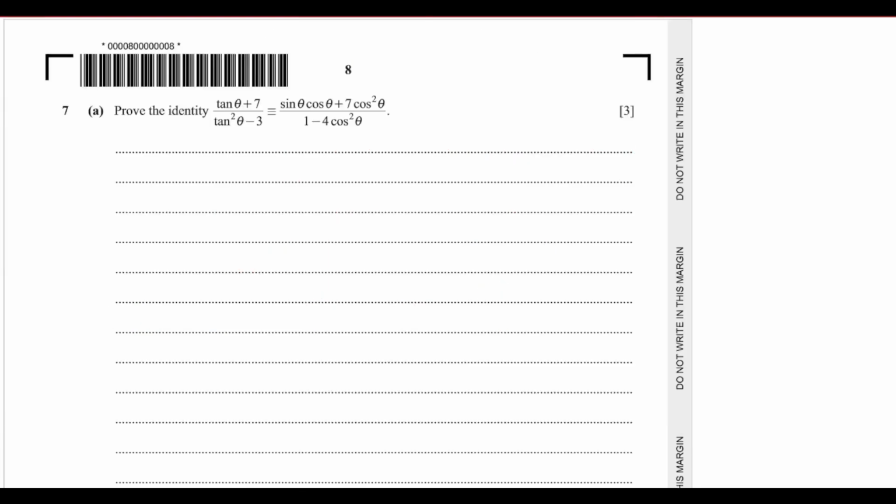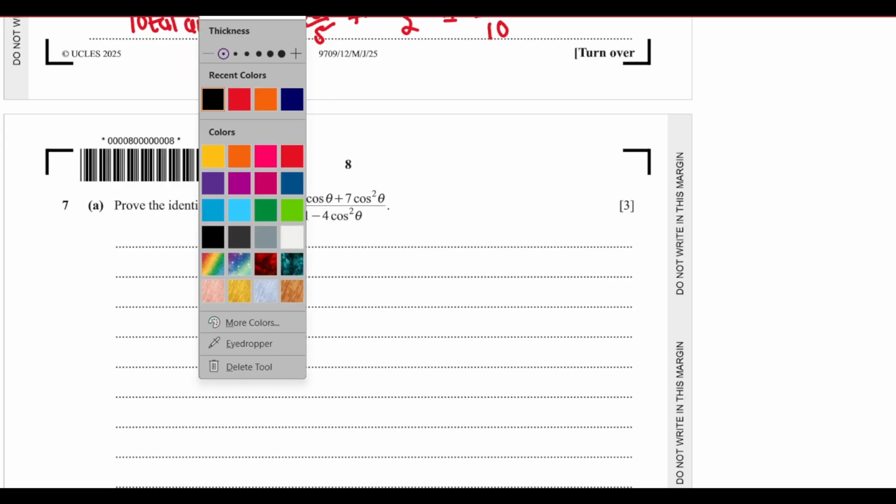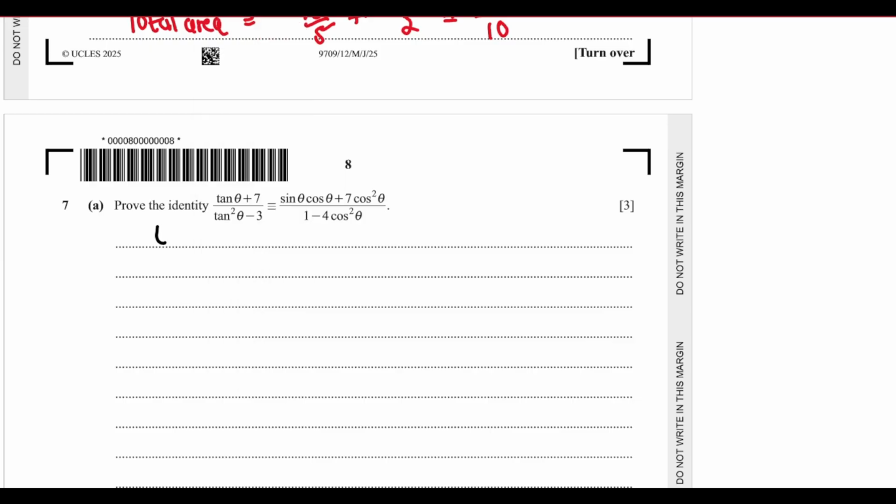Okay, question 7. Question 7 is chapter 5. It's a trig identity that we need to prove. Let's start with the left side.